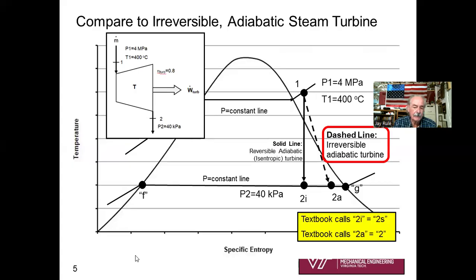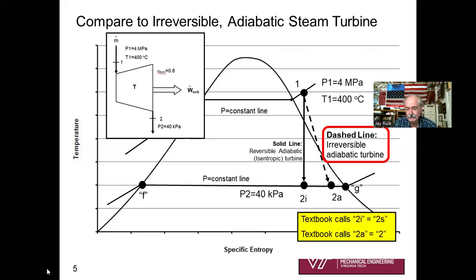We have some irreversibilities going on in there, some unrestrained expansion. Now, it's still adiabatic. We're still fully insulated. I'm just saying we're irreversible. Okay, so what would our process look like on the TS diagram for an irreversible adiabatic turbine?